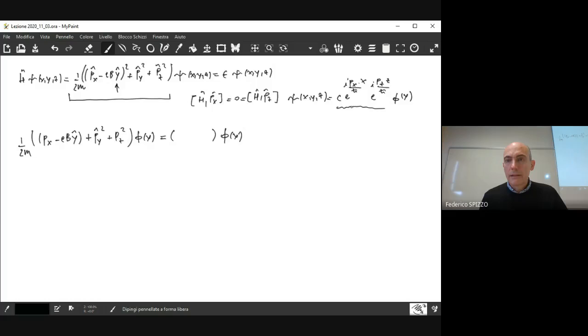Sorry, I was anticipating something, so I just write here this value. Then, in this case, I have a term including an operator acting on phi y, another operator acting on phi y, and the number.